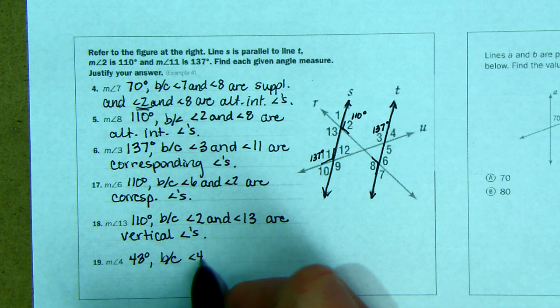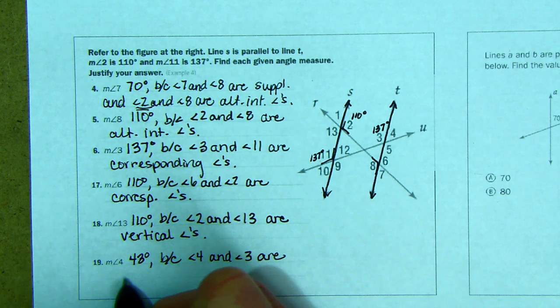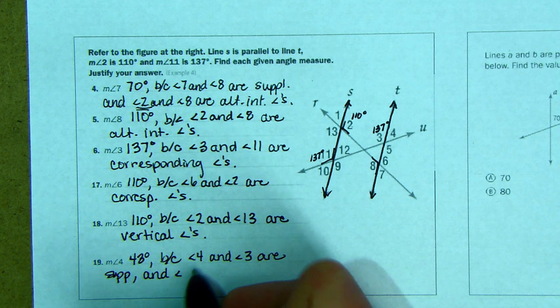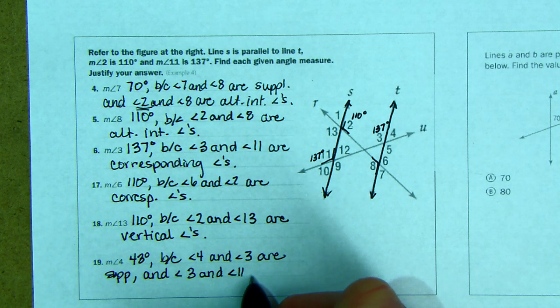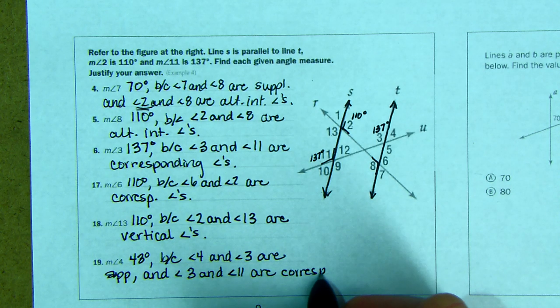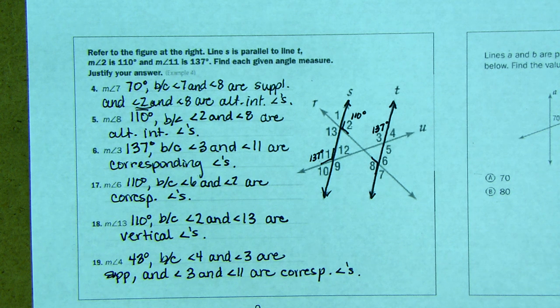Because angle 4 and angle 3 are supplementary. And angle 3 and angle 11 are corresponding. 2 steps on those. I know this is tough, but hang in there, okay? We will work on this more. All right, slide over.